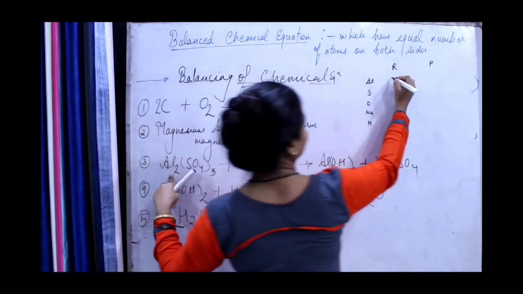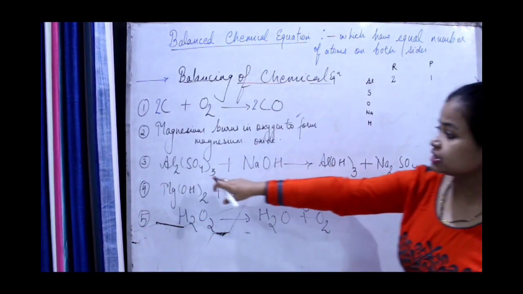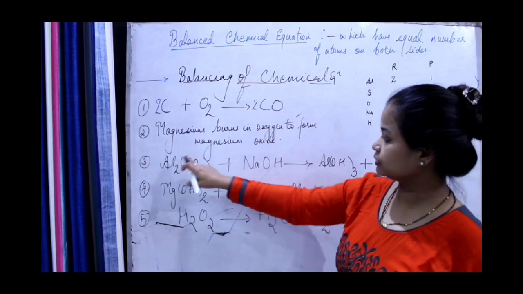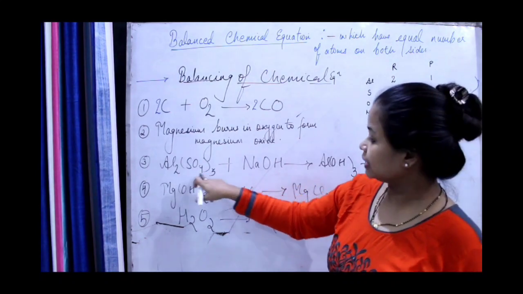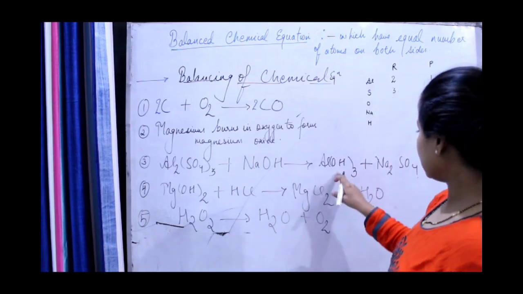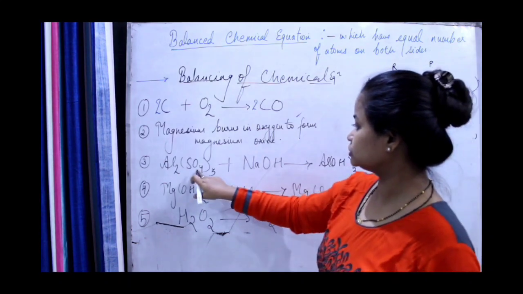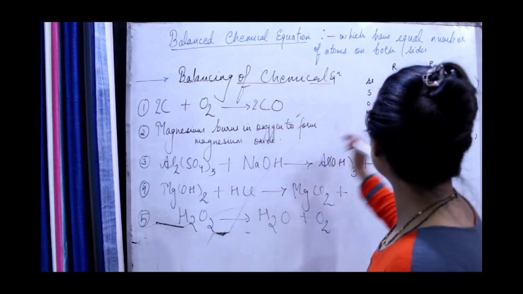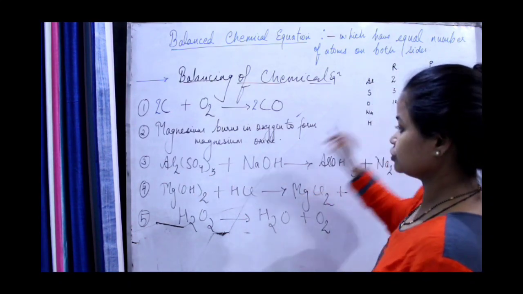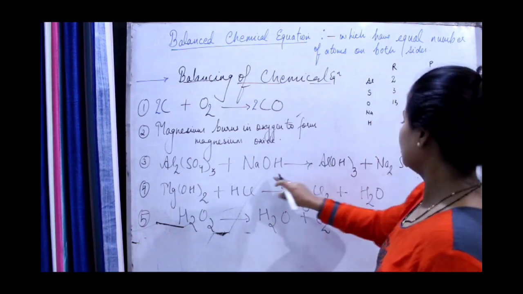Al2, here Al1. 2 and 1. Sulfur. See, it is SO4 3 and bracket is there. That means sulfur 3. Then here sulfur 1. Here oxygen 4 3s are 12. Sorry, 4 3s are 12 plus 1. So we'll write 13.